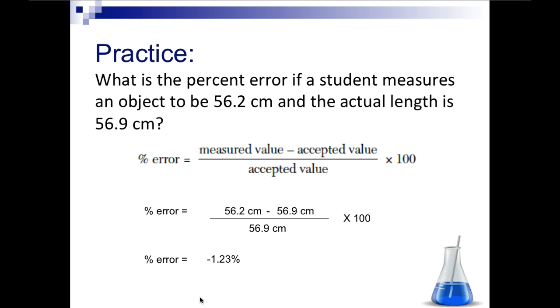When we plug this into our calculator, we get a negative 1.23%. It's negative in this case because our measured value is less than what our accepted value was.